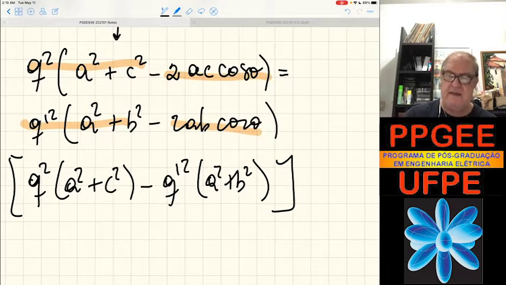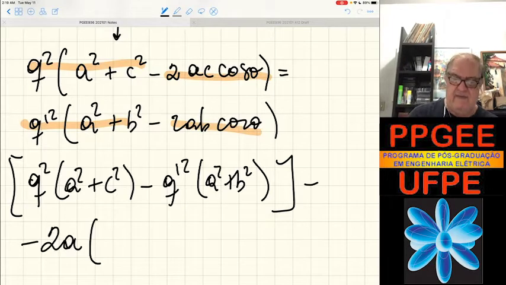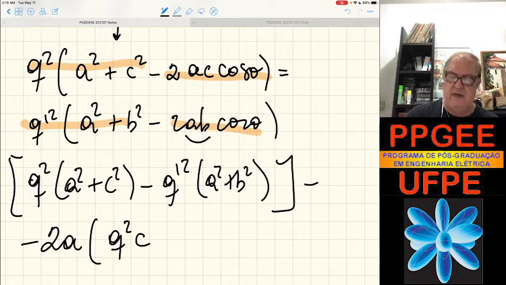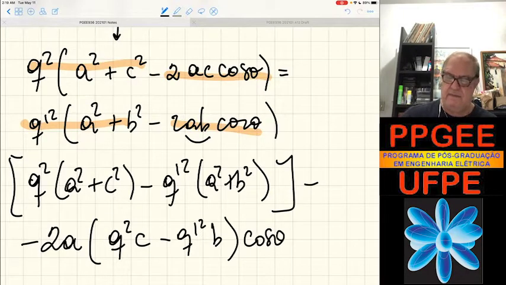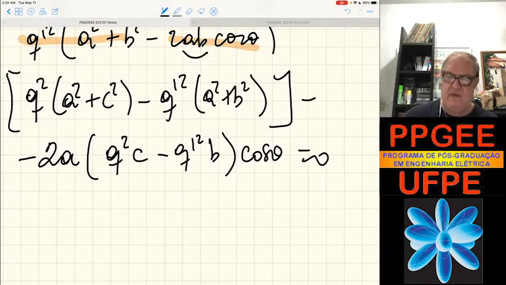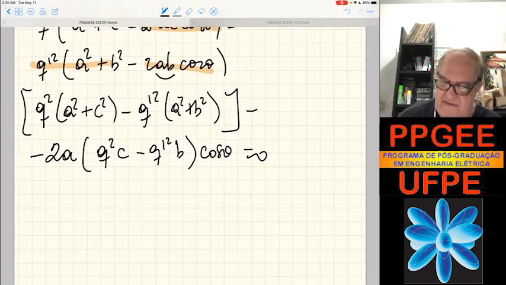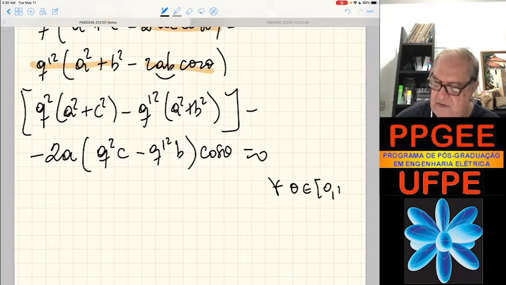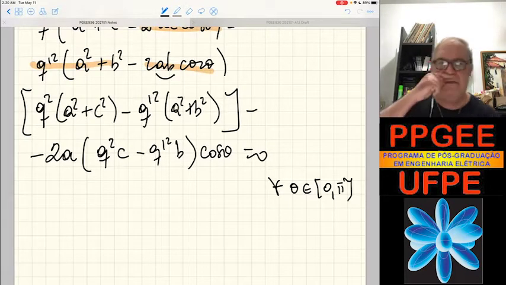Group it together. So it's going to be minus 2A Q² C, then this one minus Q'² B, times cosine theta. Then this is 0 for any value of theta in the interval 0 to pi, right?